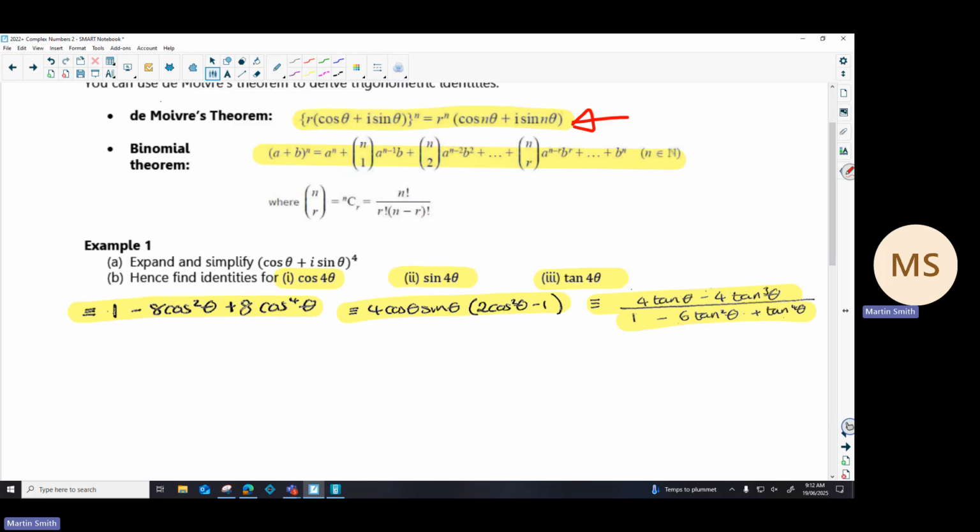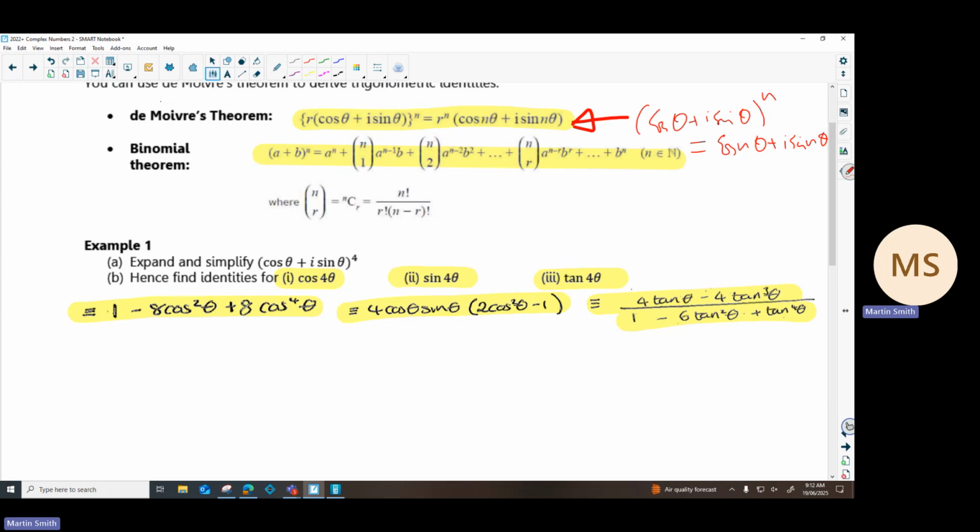If you first of all get rid of r, so replace r with 1, De Moivre's theorem says that (cos theta plus i sine theta) to the power of n is equal to cos n theta plus i sine n theta. That's taking De Moivre's theorem and getting rid of r, replacing r with 1.